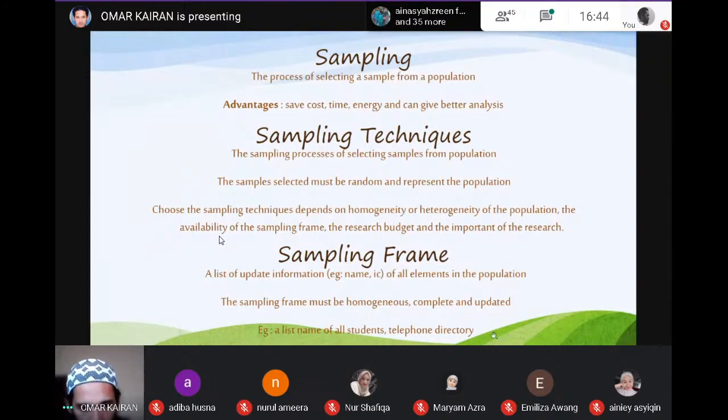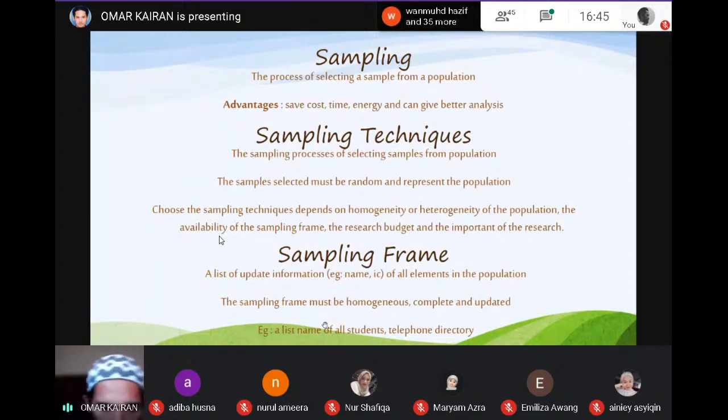So it is a list of updated information of all elements in the population. Elements ini every individual, every person, apa-apa sajalah yang melibatkan subjek kajian kita, itu dinamakan sebagai sampling frame. The sampling frame must be homogeneous, complete and updated. Tak semestinya lah homogeneous.